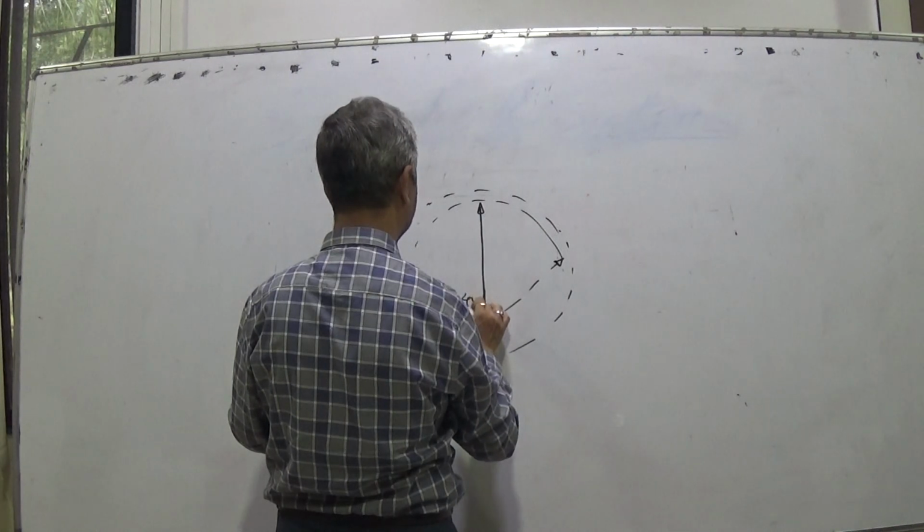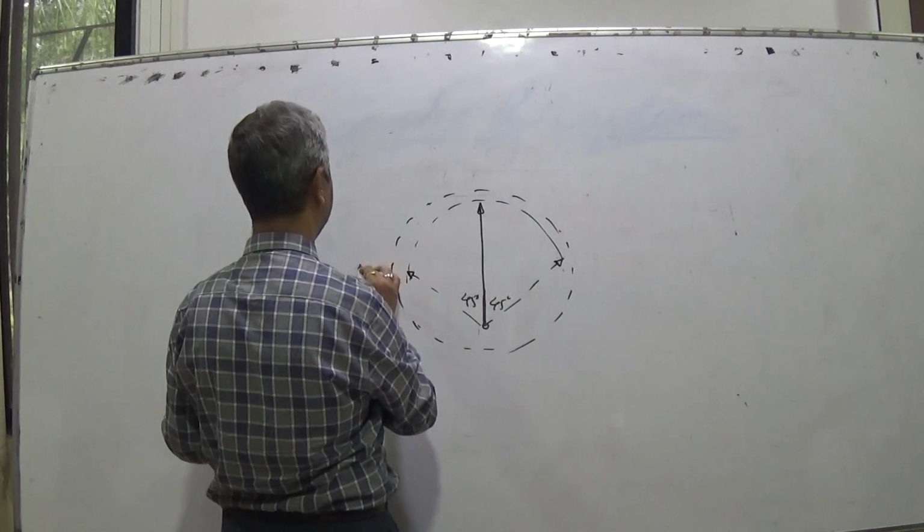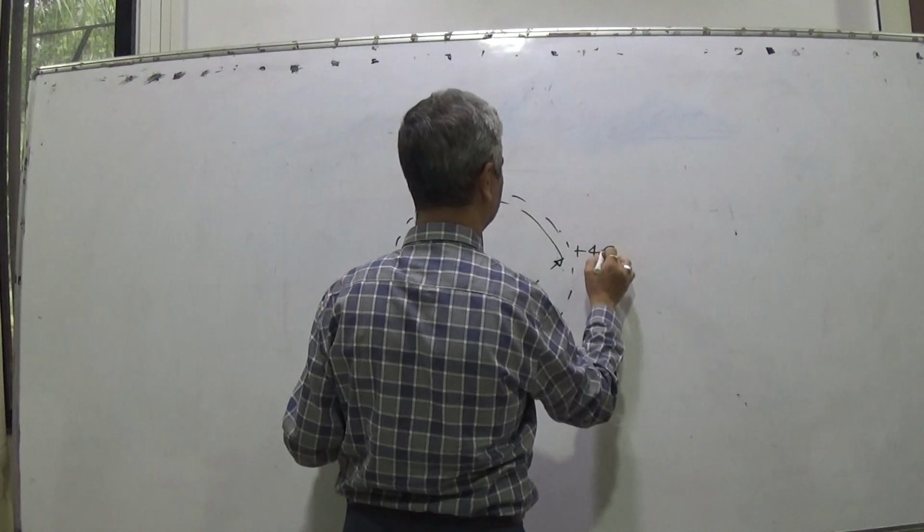Let this angle be 45 degrees, not necessarily, and let this be minus 4.5 volts and plus 4.5 volts.